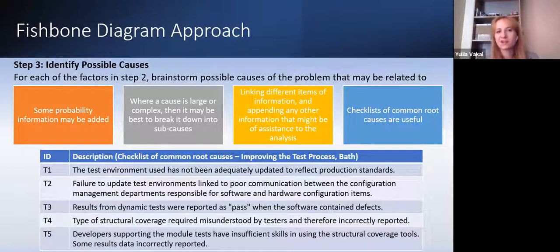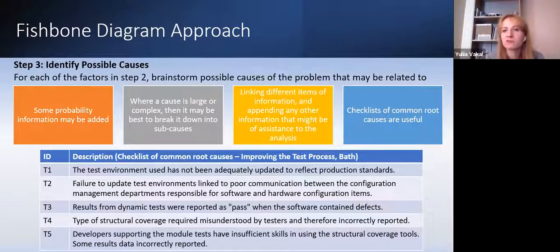If the cause is large or complex, you can break it down. And you should break big statements down, that's for sure. You can try to link different parts of information, because even if they're under different categories, they could be linked. So you could have just one cause.